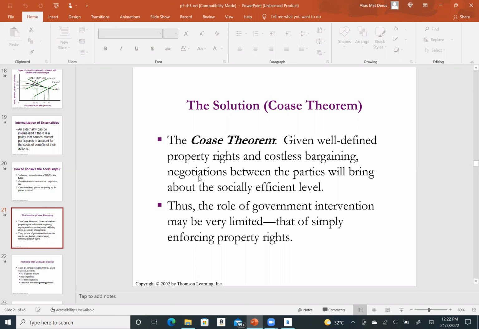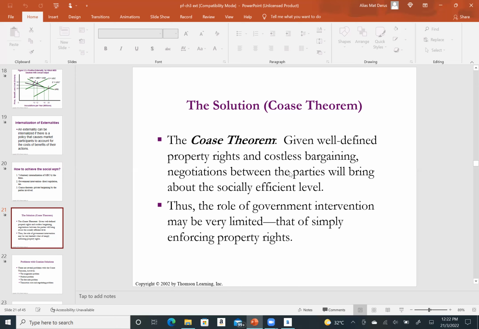And then even given the two assumptions, you have the bargaining or negotiation between the relevant parties that will bring about the socially efficient outcome, the social equilibrium outcome. I think the better word is outcome, right? Because you want to achieve the social equilibrium. So it's the socially efficient outcome. All right.